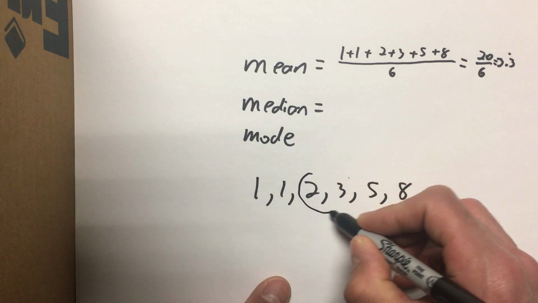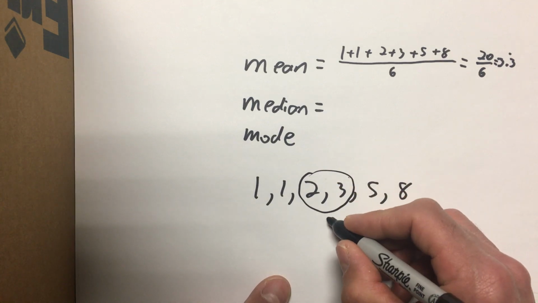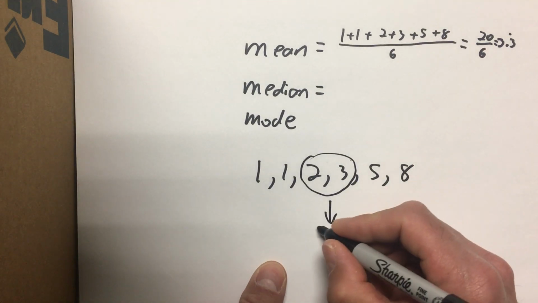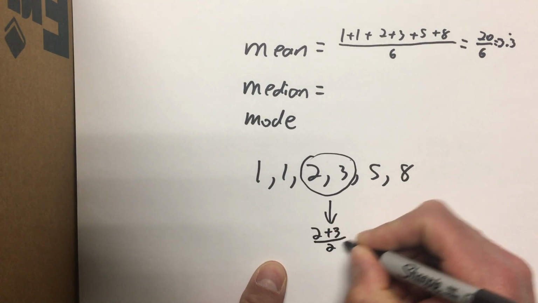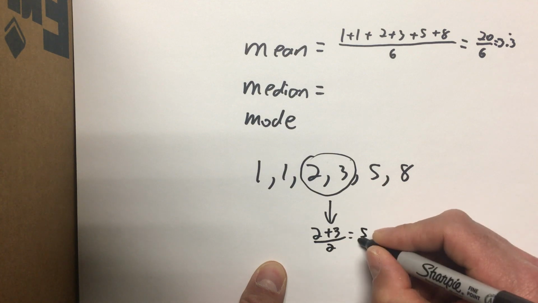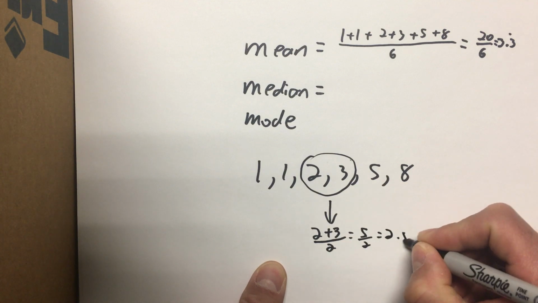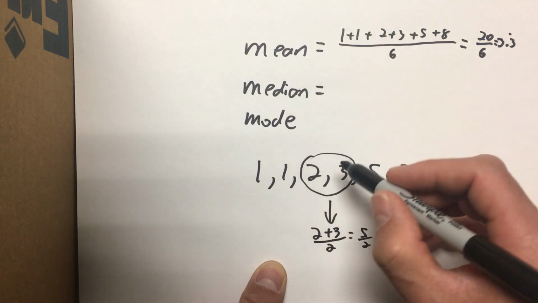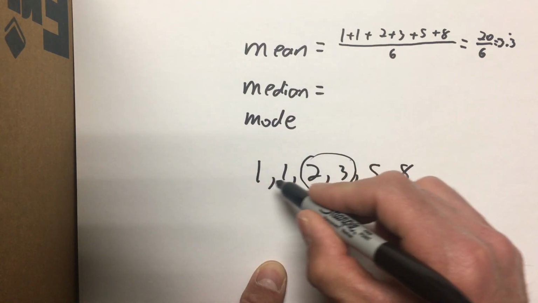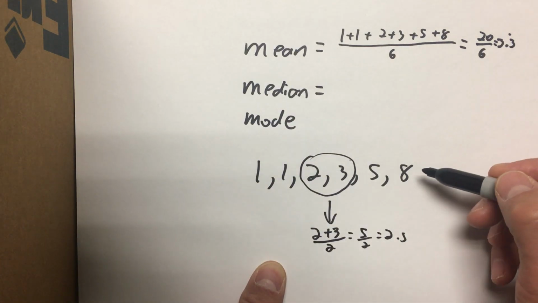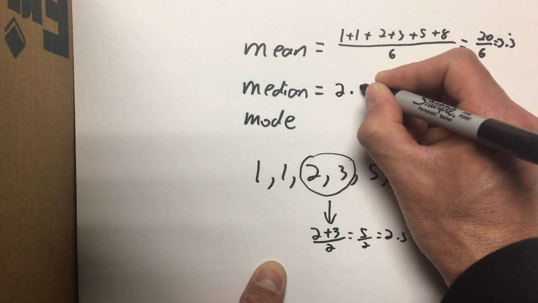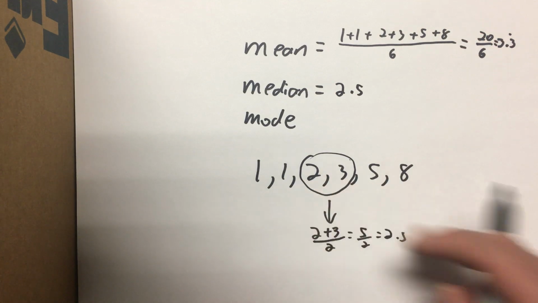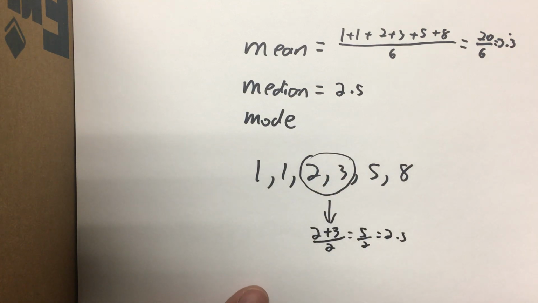So I select the 2 middle numbers and I take the average between them. 2 plus 3 divided by 2 is 5 divided by 2, which is 2.5. So my median, that is my middle number when I put them in order from lowest to highest, is 2.5. Because there's actually not one middle number, there are 2 middle numbers. And I average the 2 middle numbers.